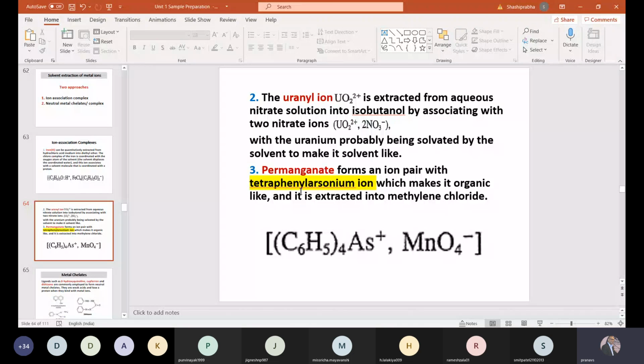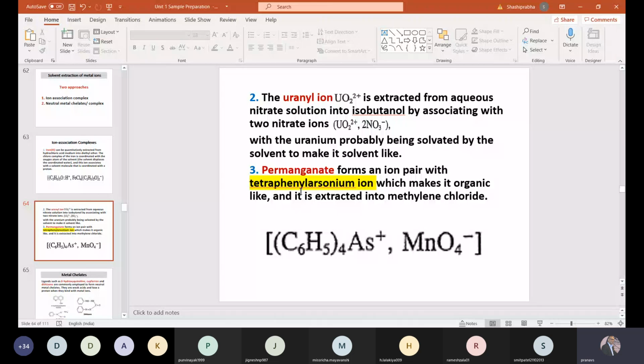Then they found out that the potassium is fixed in the cavity of these crown ethers, and the cavity size matches the size of potassium in 18-crown-6. That means there are 6 ether oxygens. So potassium is coordinated with the oxygens, and to neutralize the charge, it takes MnO4 negative.